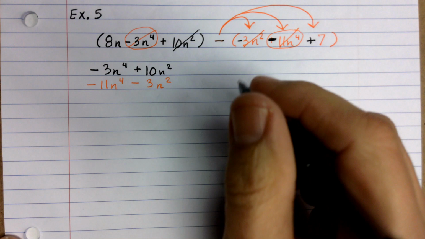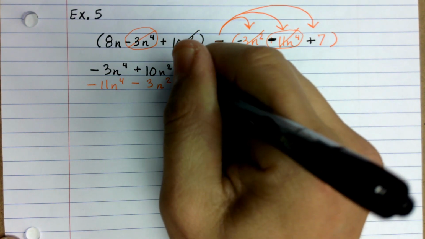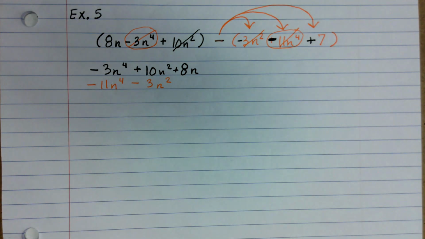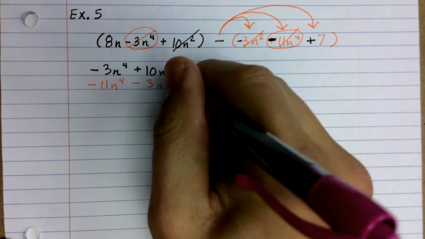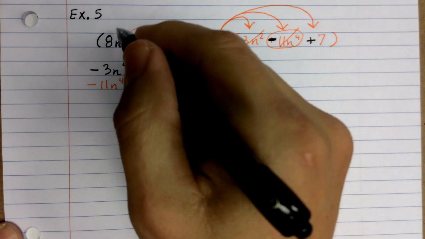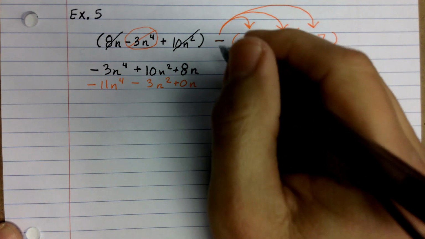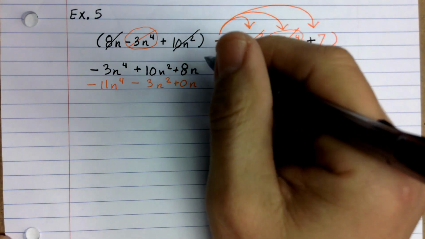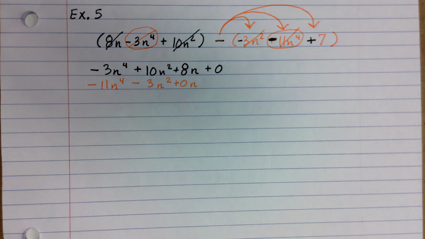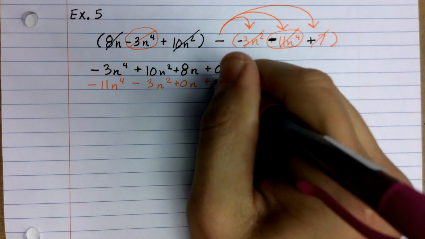So I am going to use a placeholder in this case for the orange. So I'm going to write positive 8n, because that's a positive 8n. And beneath it, I'm going to write a placeholder, positive 0n. Cross that out. And last, we have our constant value. Since we don't have a constant in the left expression in black, I'm just going to put plus 0. And beneath it, I will put this orange one, which is plus 7.